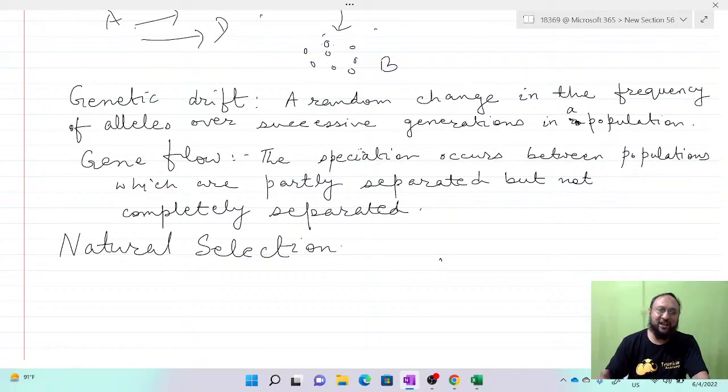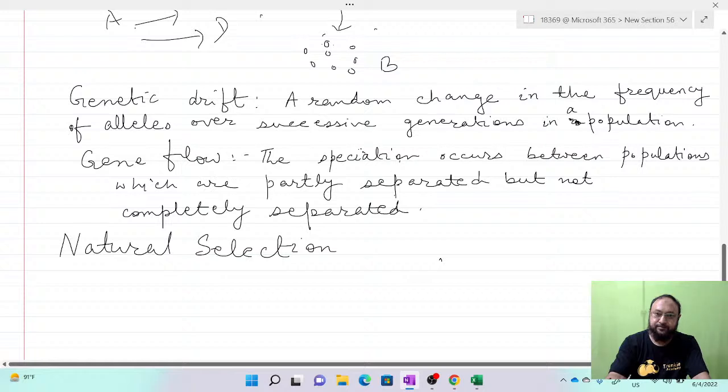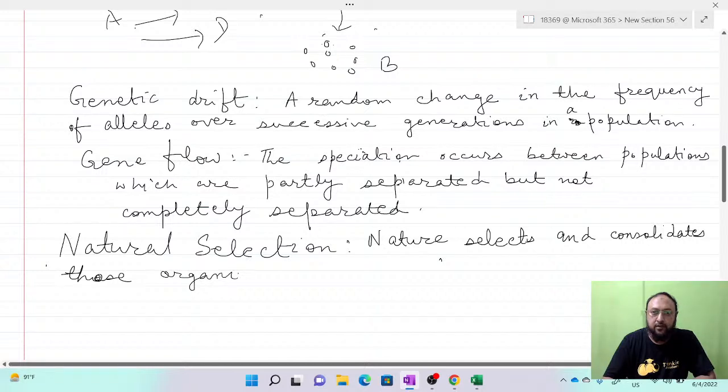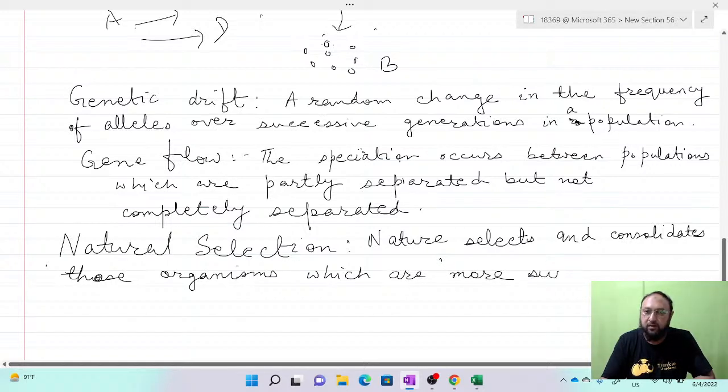So natural selection: nature selects and consolidates those organisms which are more suitable and adaptable.